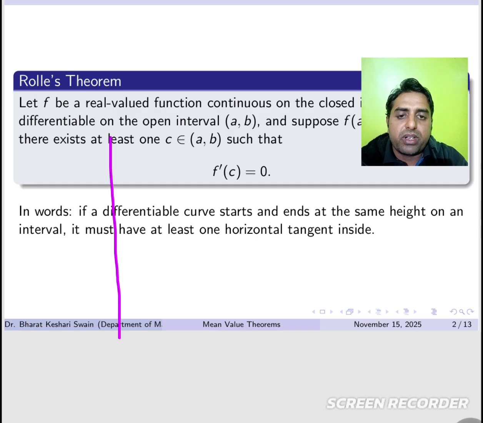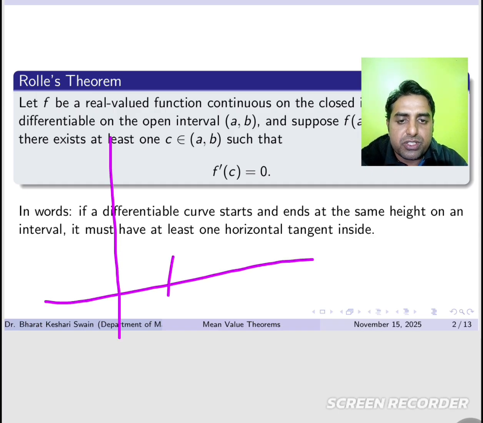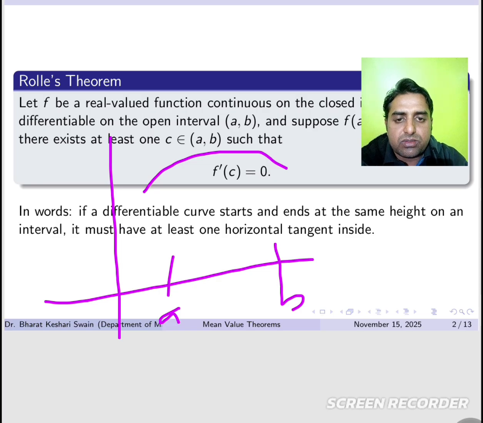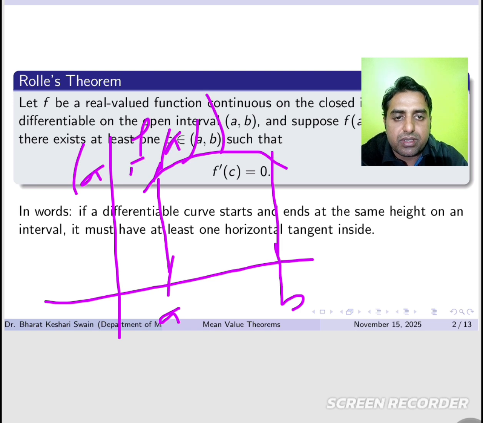If I draw a curve, suppose this is your a, this is your b, and this is our curve, and this point will be (a, f(a)) and this point will be (b, f(b)).